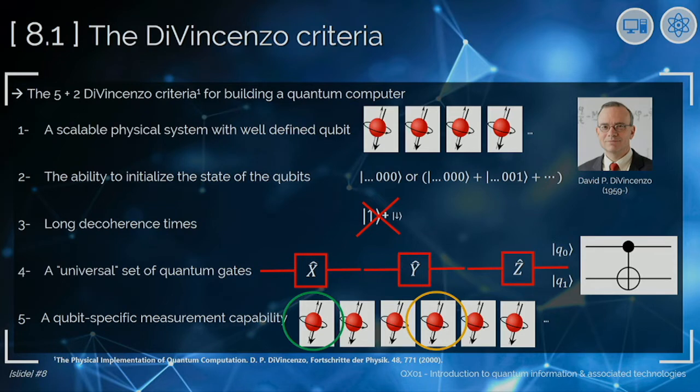The third criterion, which is a purely physical one, is you need what's called a long decoherence time. We kind of touched upon that, the fact that we're talking about qubits. A qubit means that we are in a superposition state or entangled state like this.